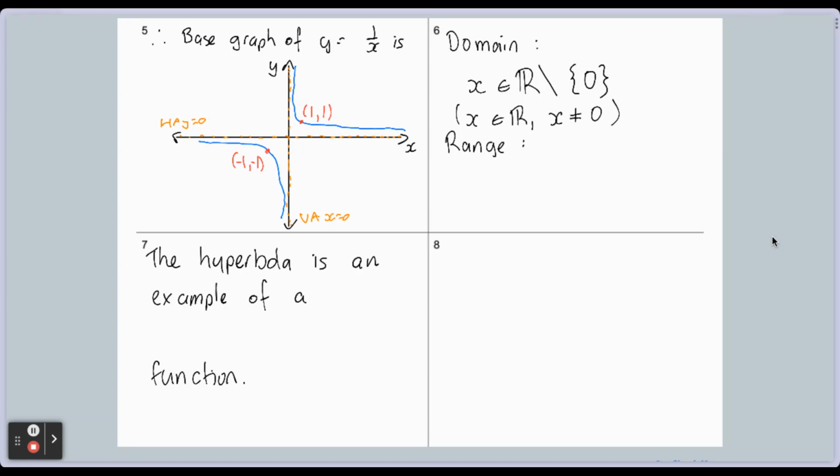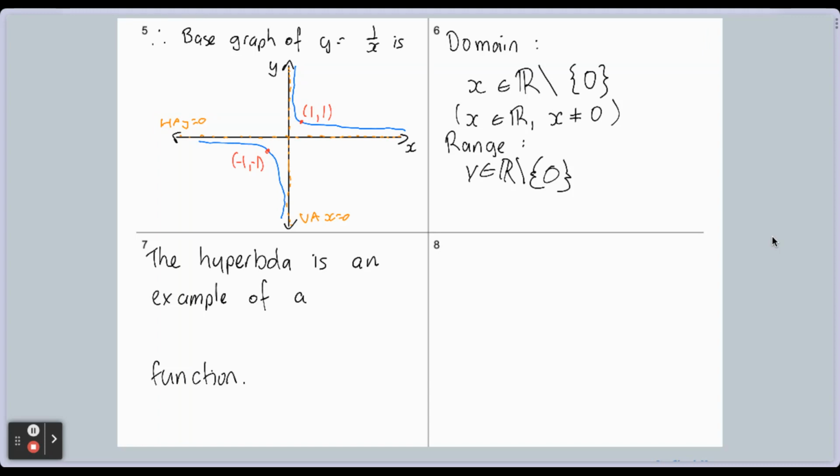Y is a member of the set of real numbers, except the value 0. Great. Ignore the braces. It's all good. We can all read what that means. Okay, so that's how you would write that formally.